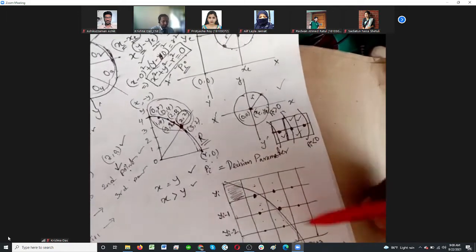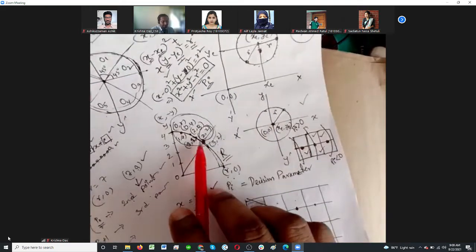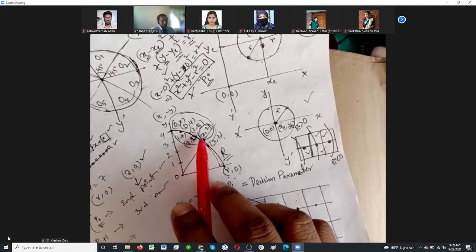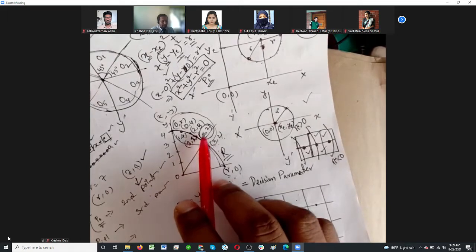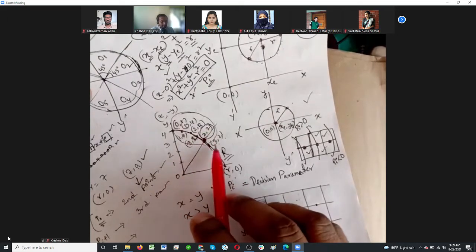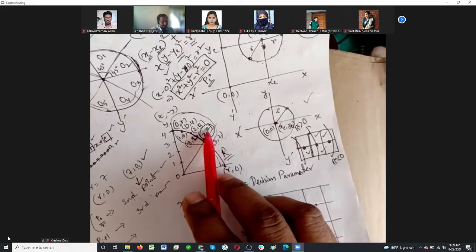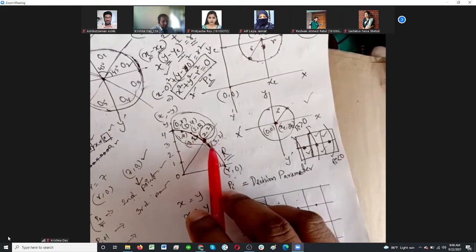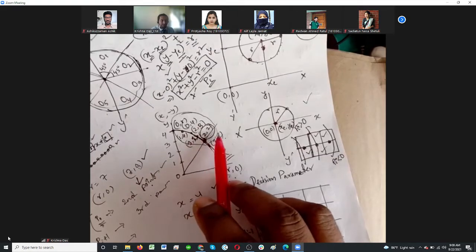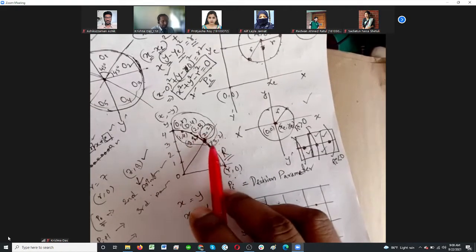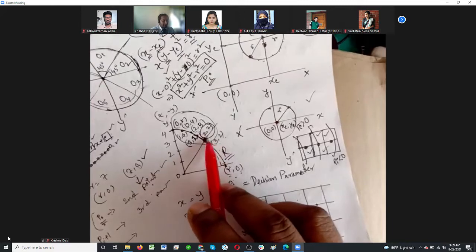So any one of the scenarios can happen. Like in the previous one, maybe x was lower and y was higher. At some point it was 2 and 3, and at the next point it is considering 3 and 2. That means you can understand x has increased. Now I should stop.